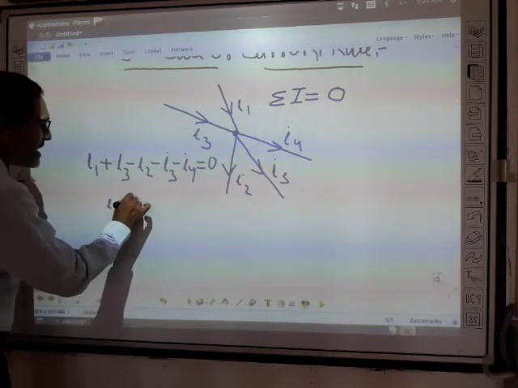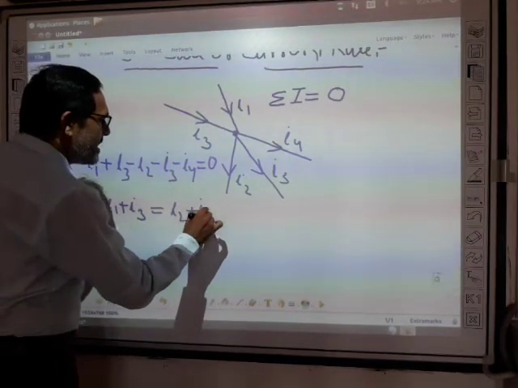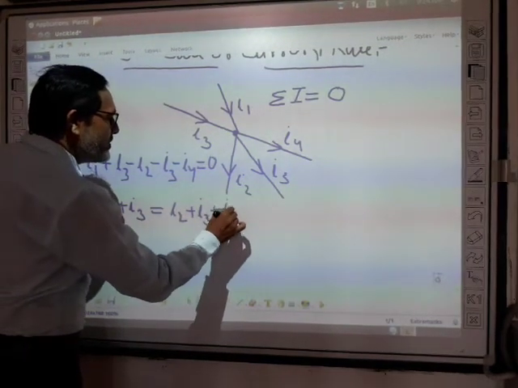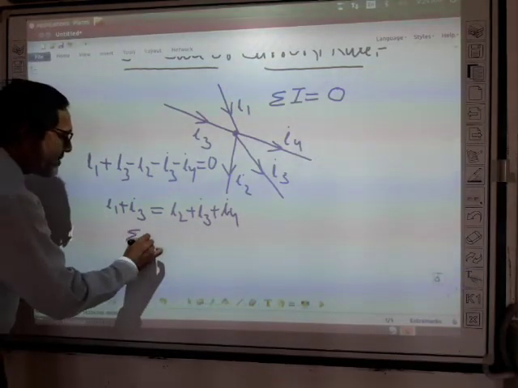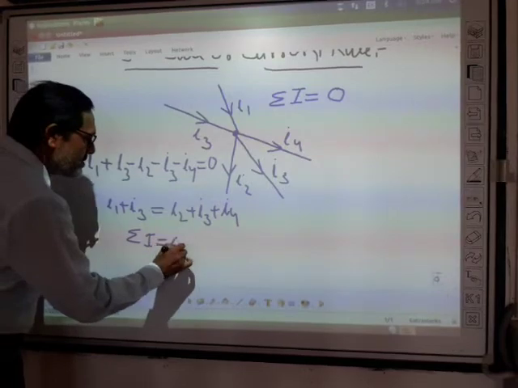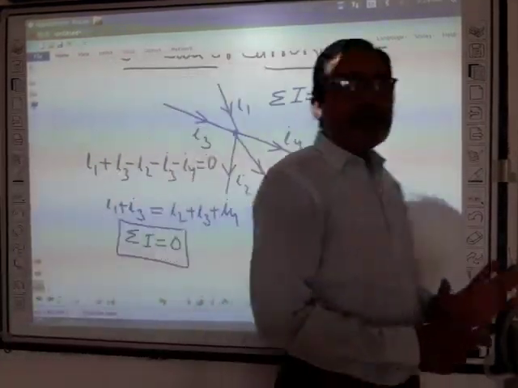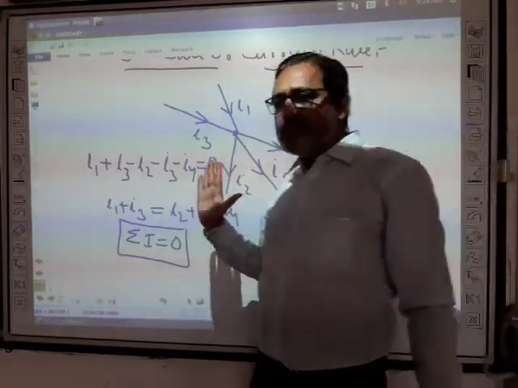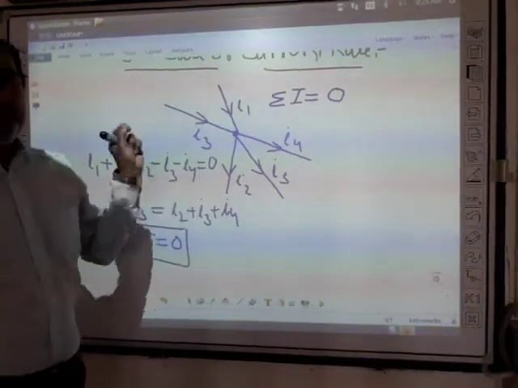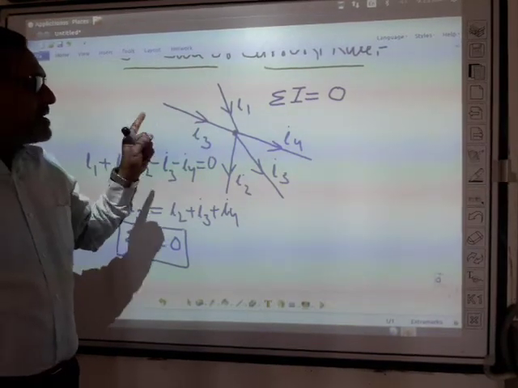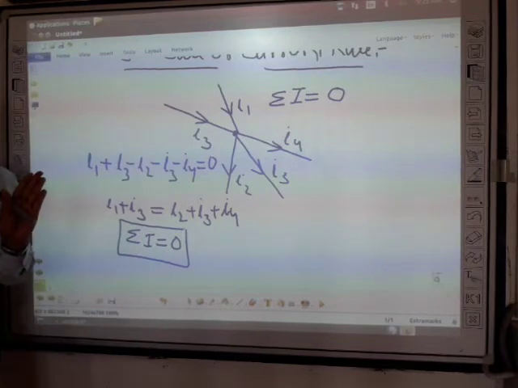I1 plus I3 is equal to I2 plus I4. Sigma I is equal to 0. So remember, currents that leave the junction are taken as negative, and currents incident on the junction point are taken as positive. Is it clear to all of you?